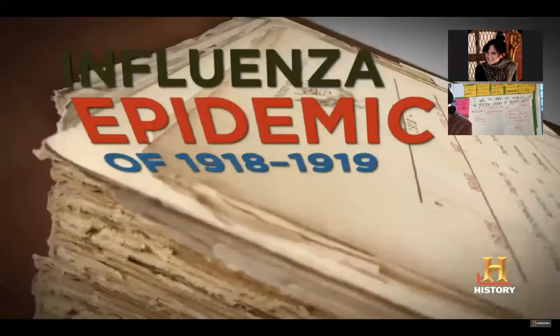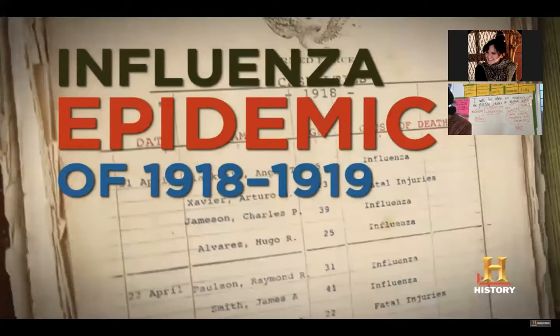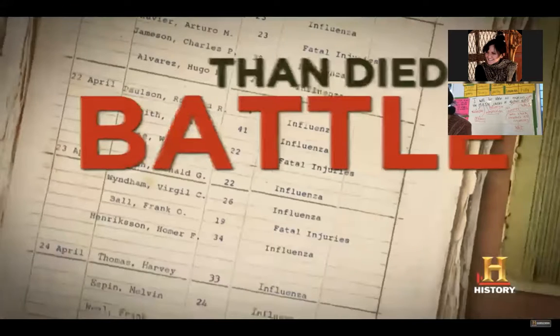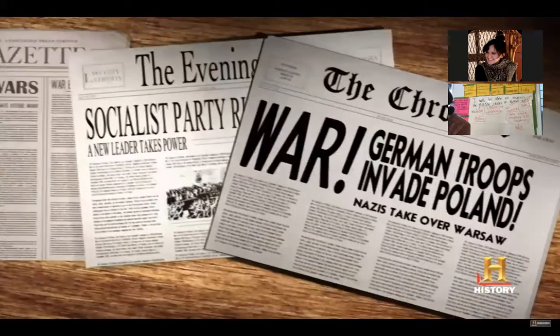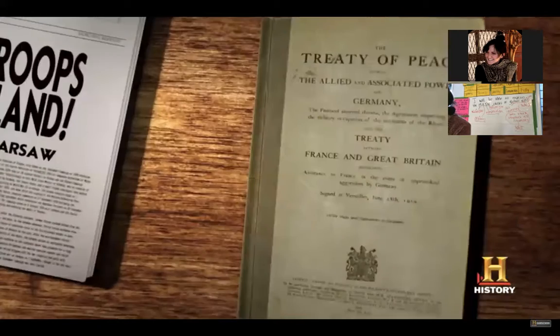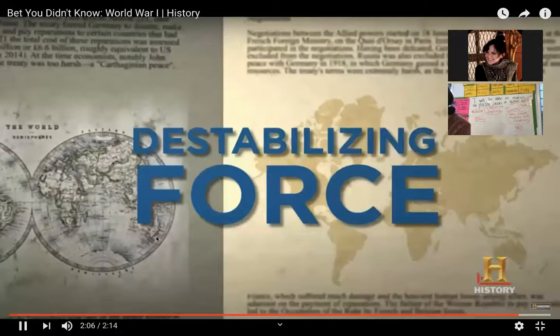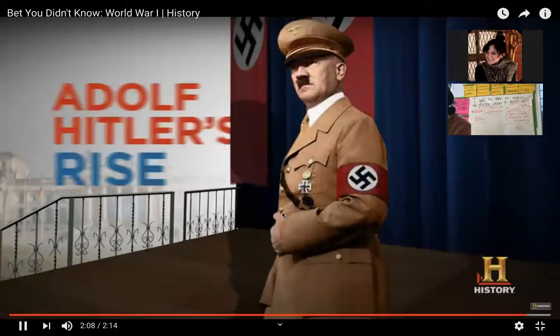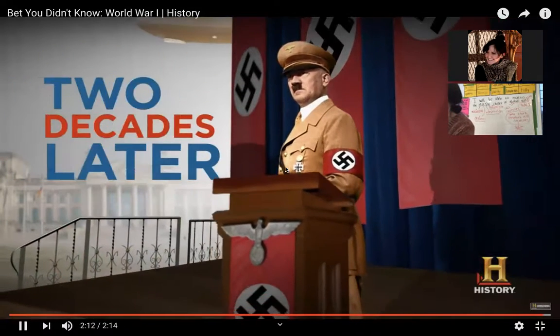The deadly influenza epidemic of 1918 to 19 also took its toll, killing more American soldiers than died in battle. Perhaps worst of all, the war to end all wars would not fulfill that promise. Instead, the Versailles Treaty's punitive terms against Germany proved a destabilizing force, helping sow the seeds for Adolf Hitler's rise and the start of another world war barely 2 decades later.